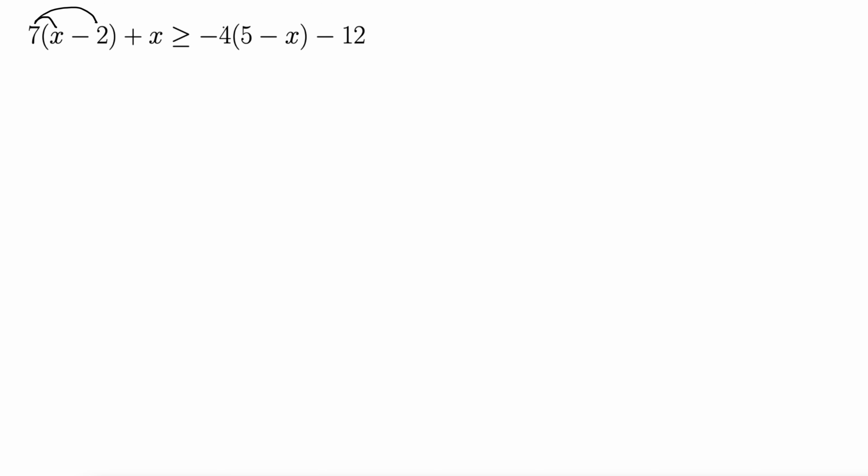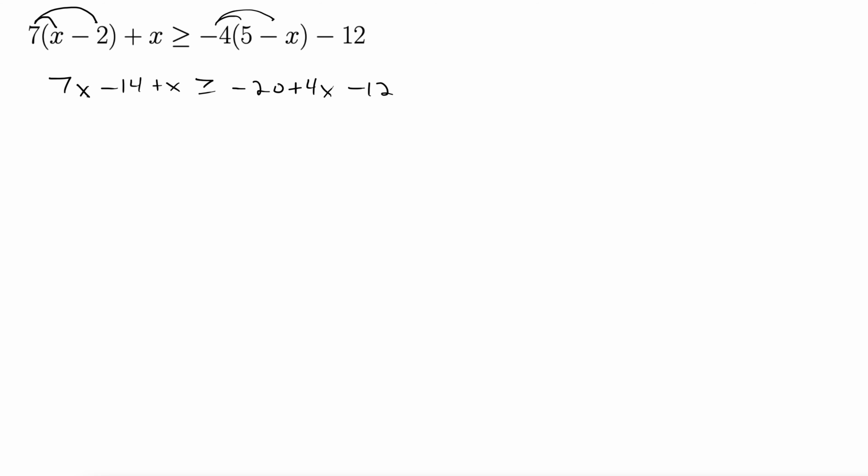I'm going to distribute this 7. I'm going to distribute the -4. Let's see what that gives us. 7x minus 14 plus x is greater than or equal to -20 plus 4x. Right, because a negative times a negative made it positive, which is why this became positive 4x. All right, then we still have this -12 hanging out over here.